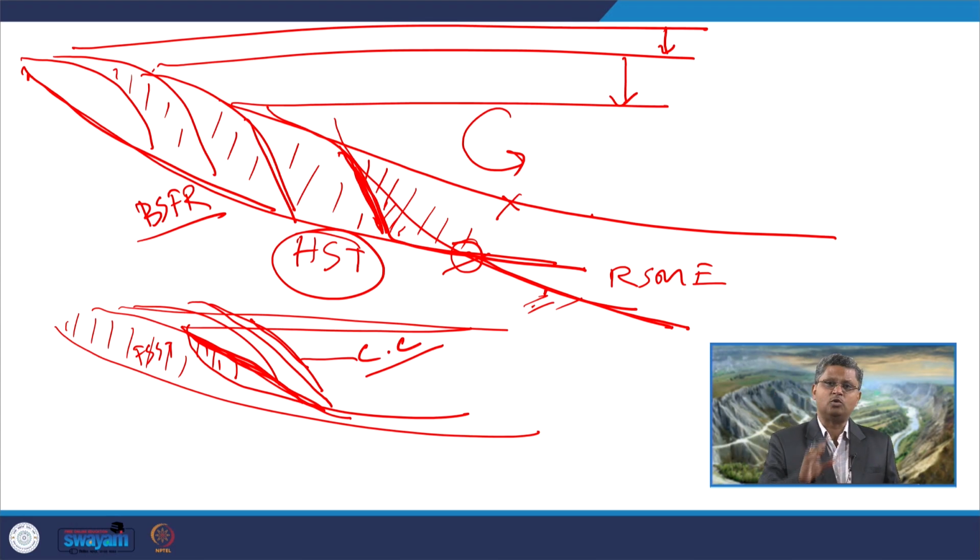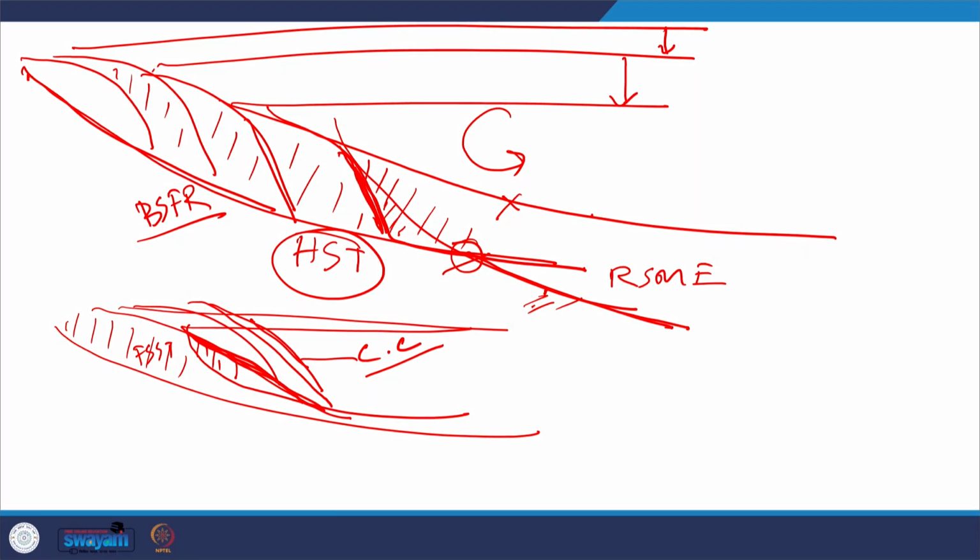In terms of the package of sediments, it can vary. When we look into the shelf area particularly, that is where we more frequently get this RSME surface preserved. There, we expect the shelf facies to always lie below this surface. That shelf facies may be part of the previous normal regressive package, the HST package, or part of the forced regressive package formed during the early phase of forced regression.